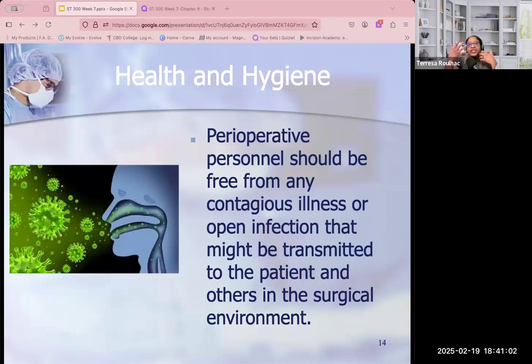That means if you're sneezing, everything is just in your mask. But you don't want to turn your head because anything out could potentially get into the field. So we really don't want sick people in the operating room for that reason, right? We just want to make sure that everyone's healthy or as healthy as can be because we want to maintain a safe and sterile environment in the operating room.